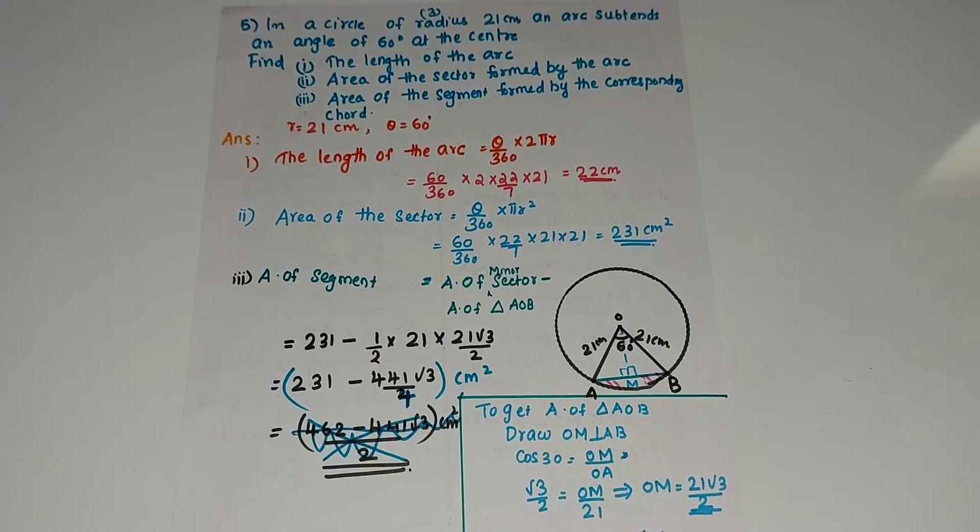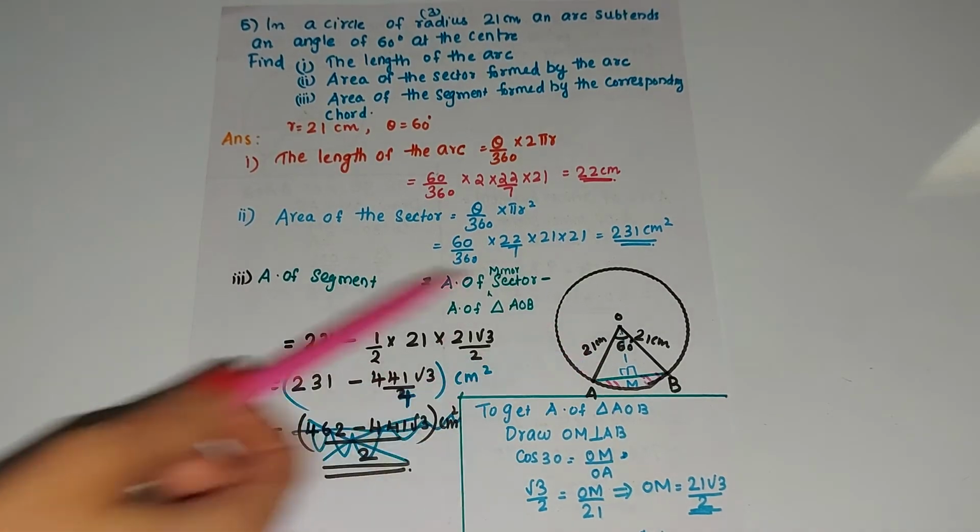In the previous problem, we first found the area of the sector and then the area of the triangle and subtracted, and then we got the area of the minor segment. Here also we can use that method. First you find the area of the sector and the area of the triangle and you subtract. But here is one major problem: this is not 90 degrees.